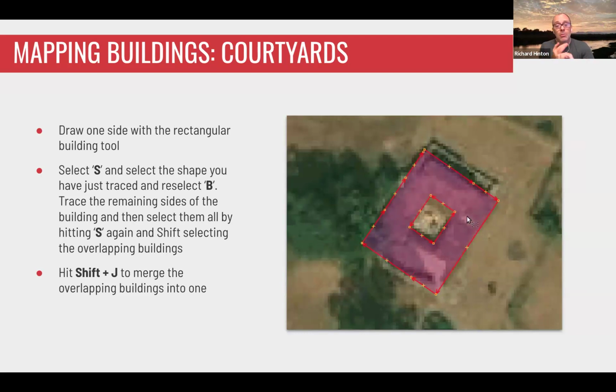Well, we can use a couple of tools, the building tool and the merge tool, to actually make a building fairly accurate. So what we're doing here in the demo, we're creating one side of it as a single rectangular building. Then we select it. You see how it's red, right? So it's selected. Any building we draw afterwards with the building selected will be plumb to that initial building. So it'll be perpendicular and parallel to that building.